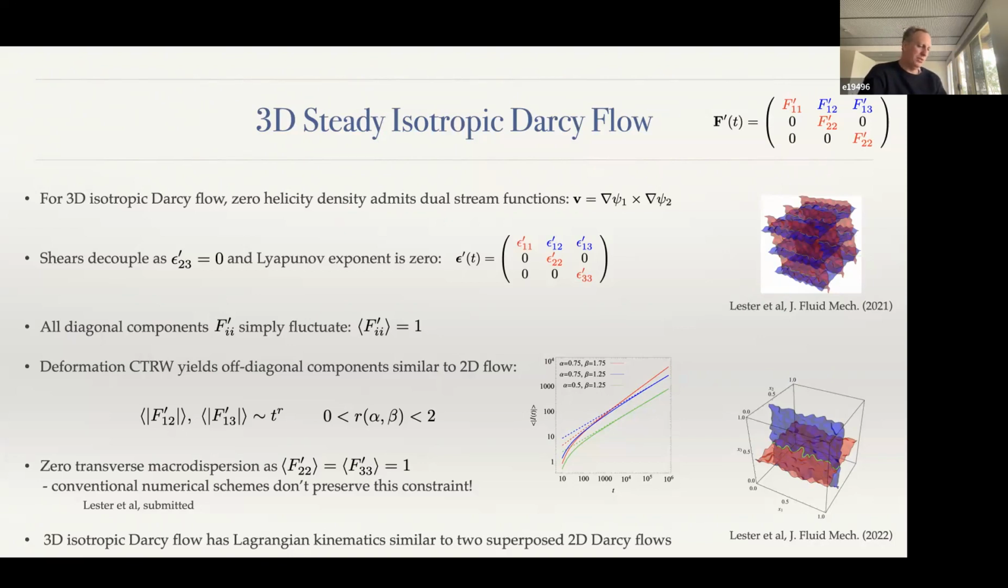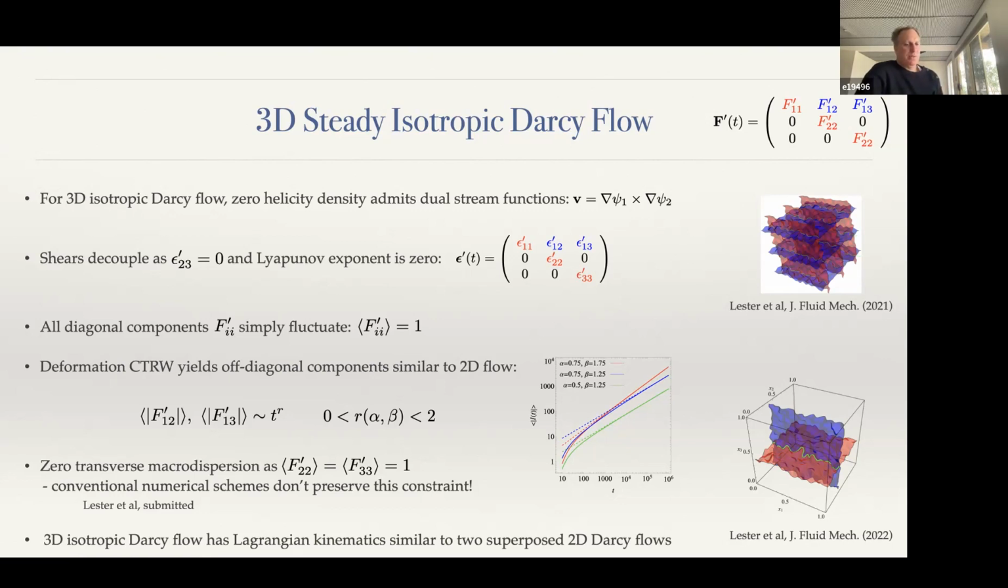Now one is in the 1,2 direction, and the other one is in the 1,3 direction. And the dynamics is very, very similar to two-dimensional flow. So because of that, these 2 components, F12 and F13, again grow algebraically with time as t to the power of r. And once again, we find r is dependent on these parameters alpha and beta that capture the coupling and the correlation structure of the flow.